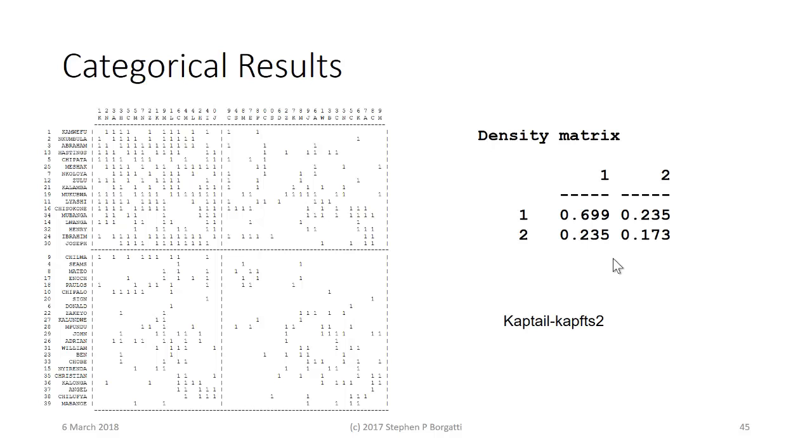And it measures the extent to which that is true, and it doesn't care what's happening in there. And so you can see here's the density matrix. So 70% of all possible ties are actually present within the core. It's very good. And only 17% of possible ties are actually realized in the periphery. That's a good core-periphery structure.